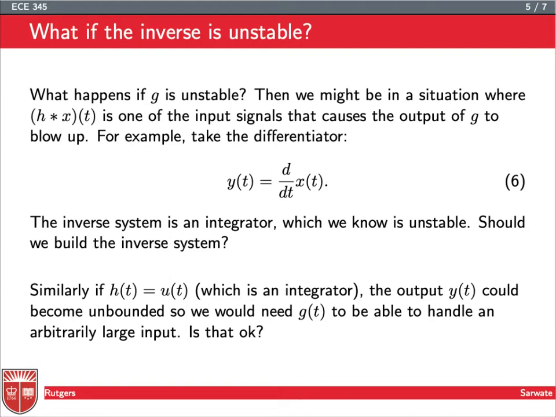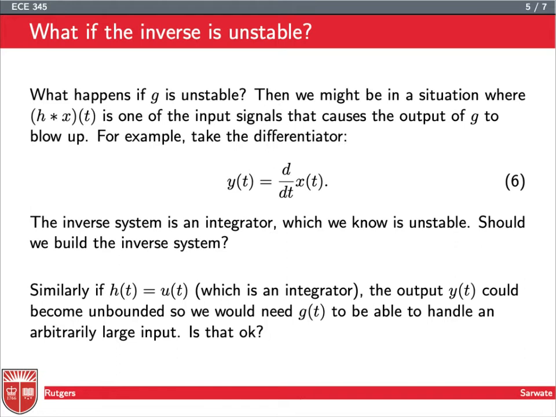So what happens if G is unstable? That is, we can find an inverse system, but it's unstable. Well, we might be in trouble, because H star x might be one of the input signals that causes the output of G to blow up. For example, we could take the differentiator, y of t equals d dt x of t, and the inverse of a differentiator is an integrator, but we know the integrator is unstable.